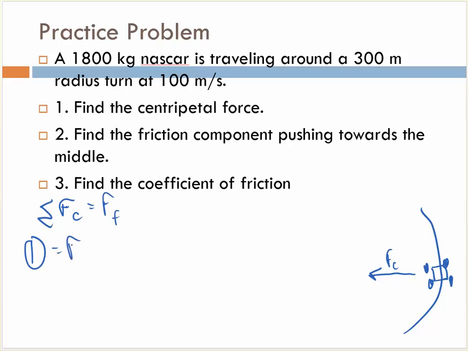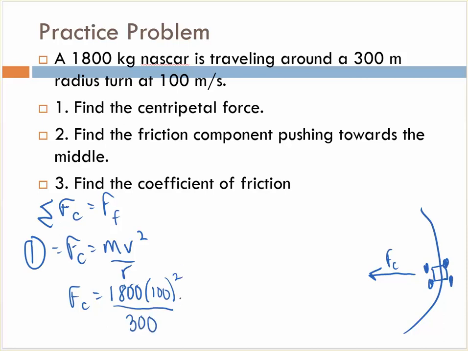So as I start to work this out, the mass they tell us is 1,800 kilograms. The velocity is 100 meters per second. That's really fast. And the radius is 300 meters. What that gives us then is a centripetal force of 60,000 newtons.